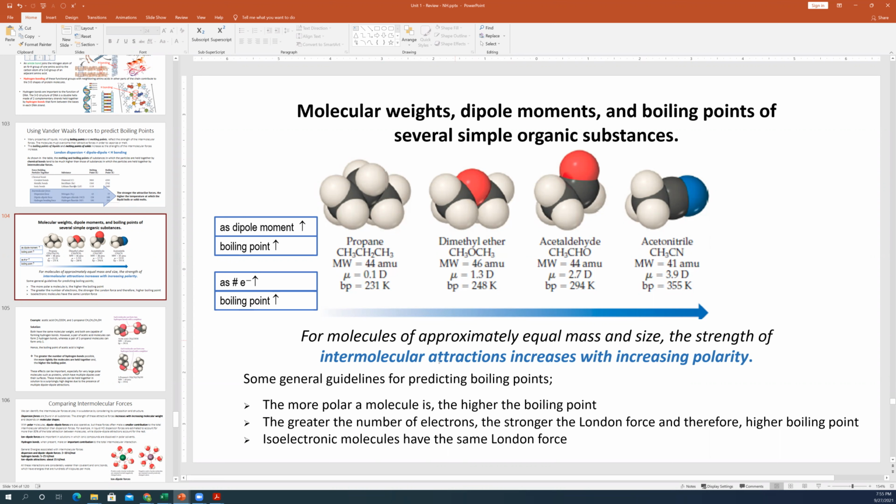If the molecules have approximately the same mass and size, the intermolecular attractions increase with increased polarity. Okay, so this is an important slide.